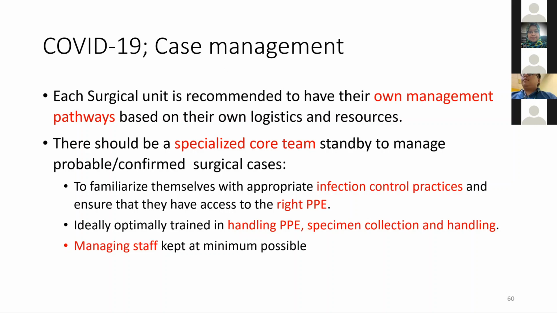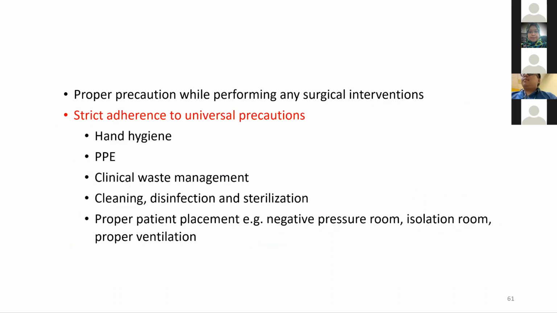Ideally, they should be optimally trained in donning and doffing of PPE, and in specimen collection and handling for COVID-19 testing. The staffing should be kept to the minimum possible.